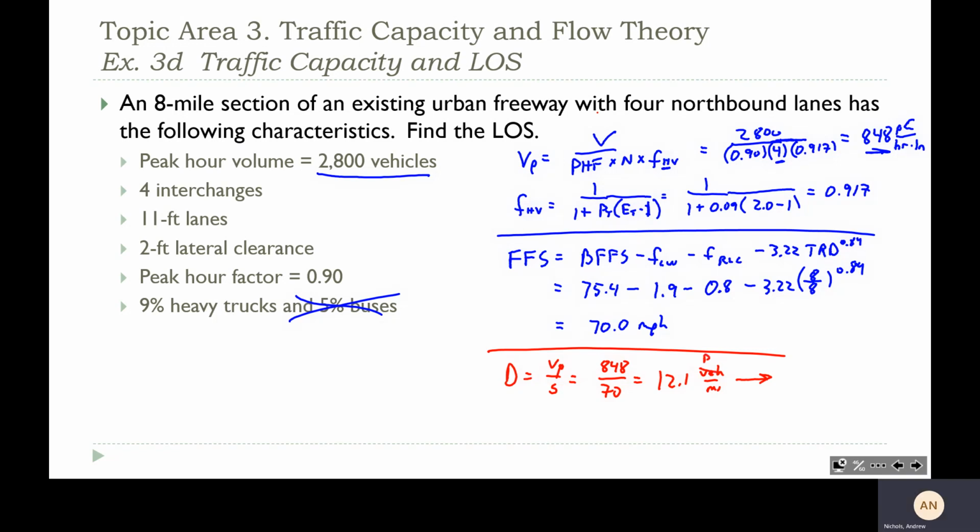Technically, that's passenger cars per mile. So a density of 12 is which level of service? B. So anything greater than 11, up to 18, is level of service B.